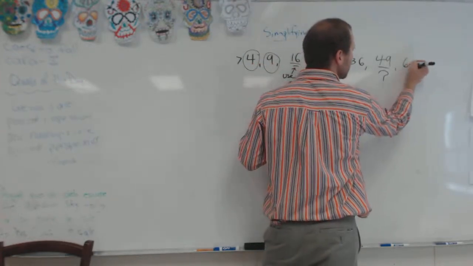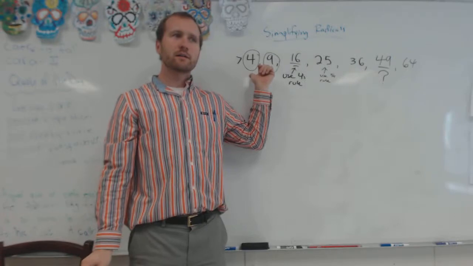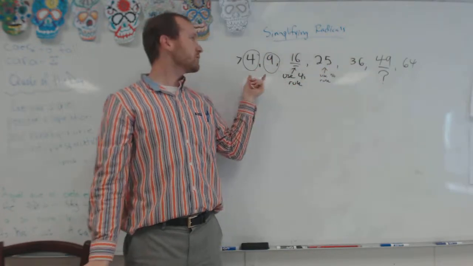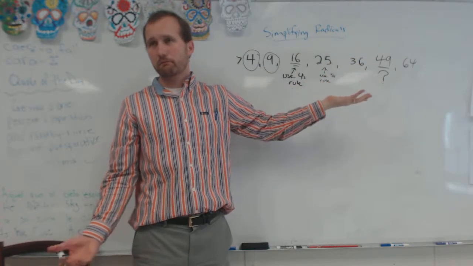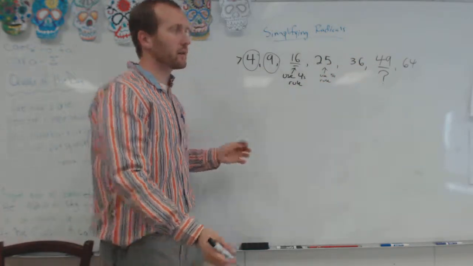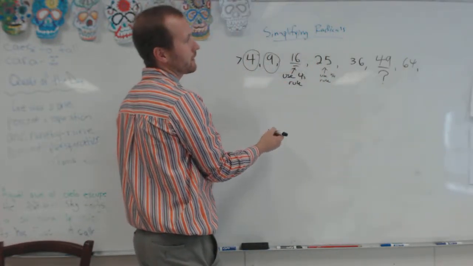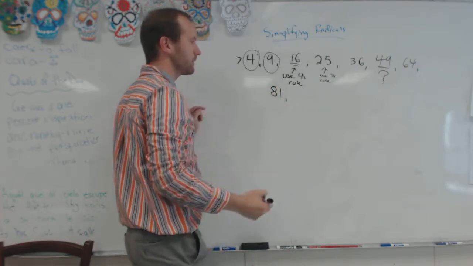But 8 squared is 64. And again, if we have a 4 in there, we're going to bring it down to a little smaller number. So if we use this rule to look for 4s, we might find our 64s. I don't know a shortcut other than that. 9 squared is 81.